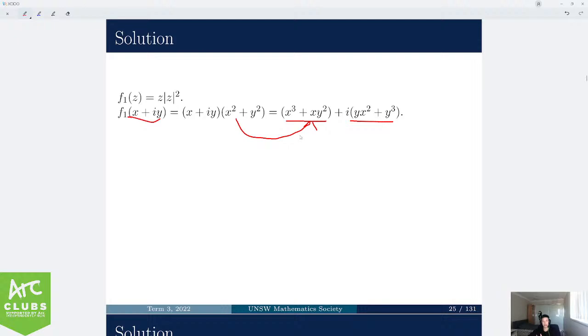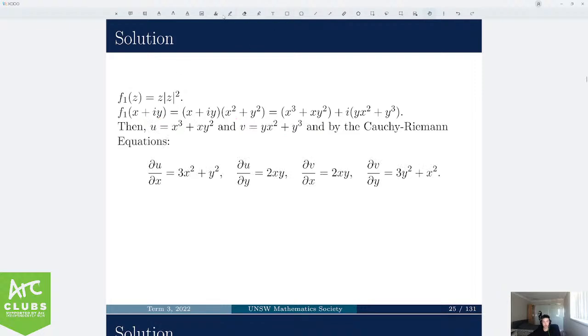That way, we can use the Cauchy-Riemann equations. So u is the real part, v is the imaginary part. And hence, by the Cauchy-Riemann equations, if we compute the partials, we get these four equations.